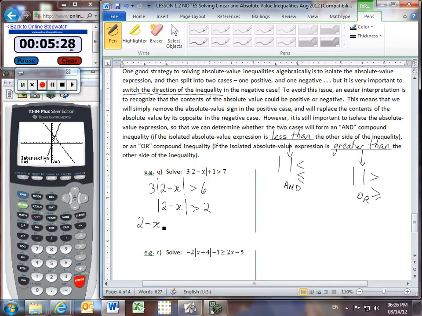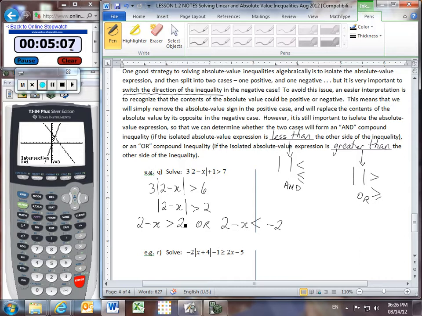So first of all, let's just take away the absolute value sign. There's my first case. And in my second case, if I'm going to change my right-hand side to a negative 2, I must switch the direction of the inequality in that second case. Alright, now we can finish.